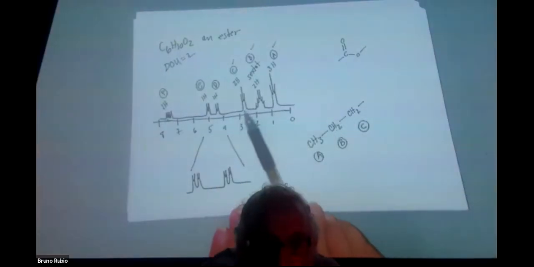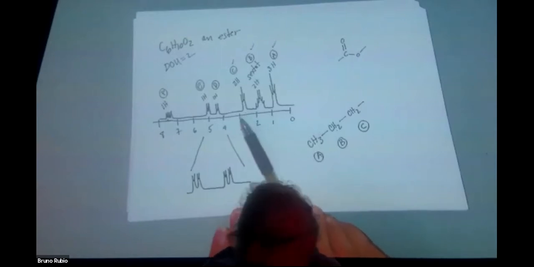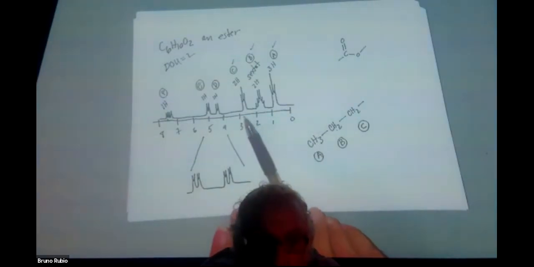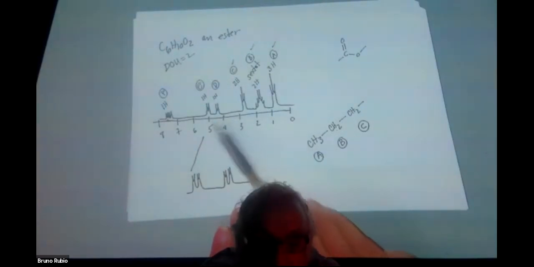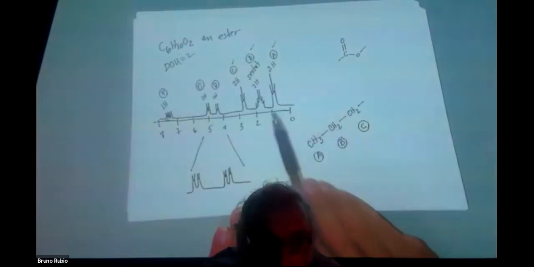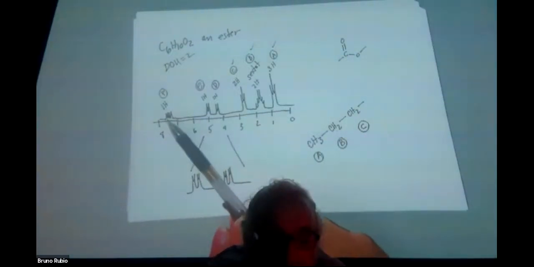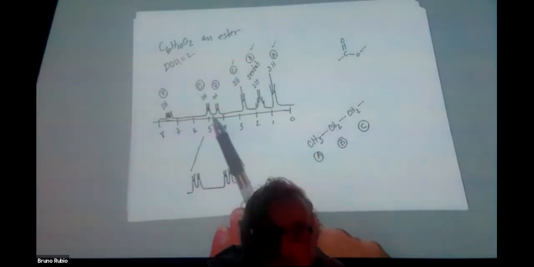Okay, so now when we look at the chemical shift of C, we see it's pretty close to, it's in the 2s, but we see a lot more downfield signals than that. Okay, so now let's go downfield here. We have all of these 1 hydrogen signals. They are in the alkene region of the spectrum, right?